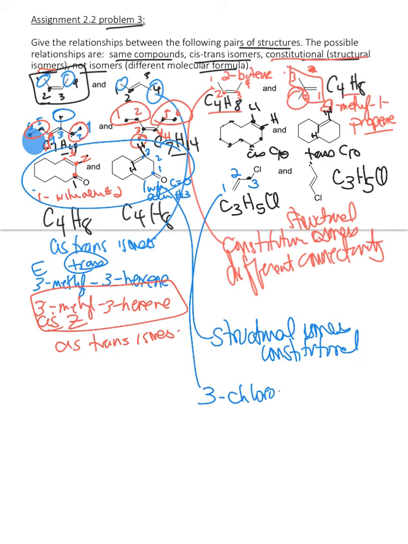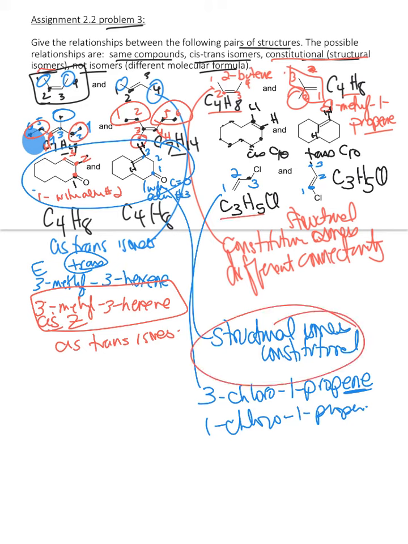You don't have to name the one, but you could do 1-propene because there's 3 carbons. There's your double bond, ene, alkene. And here you'd start with 1, 2, 3. And so this one would be 1-chloro-1-propene. So this is different connectivity. So these would be, once again, structural or constitutional isomers.